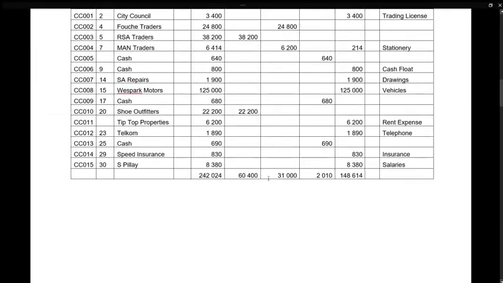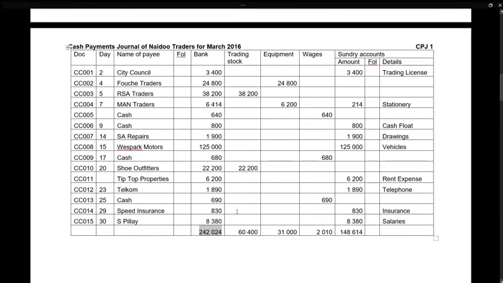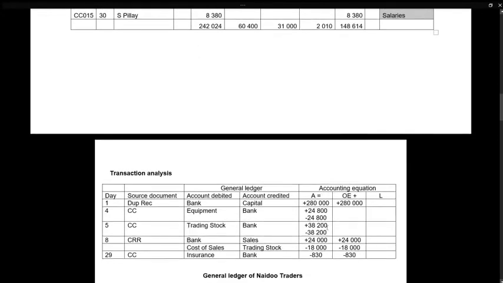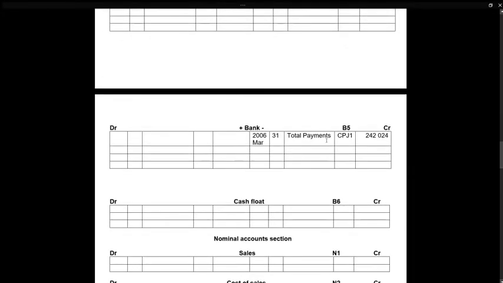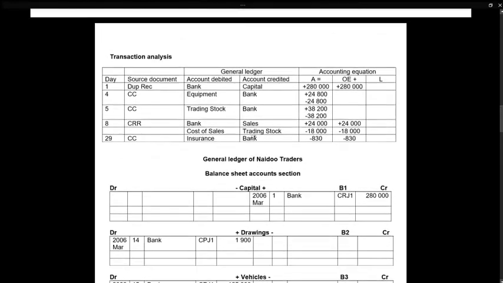We paid 242,024 Rand for various reasons. For trading stock, for equipment, for wages, and all of these various reasons. And we don't have enough space in this small space to put all of those accounts, so therefore we just say total payments. Hope that makes sense.